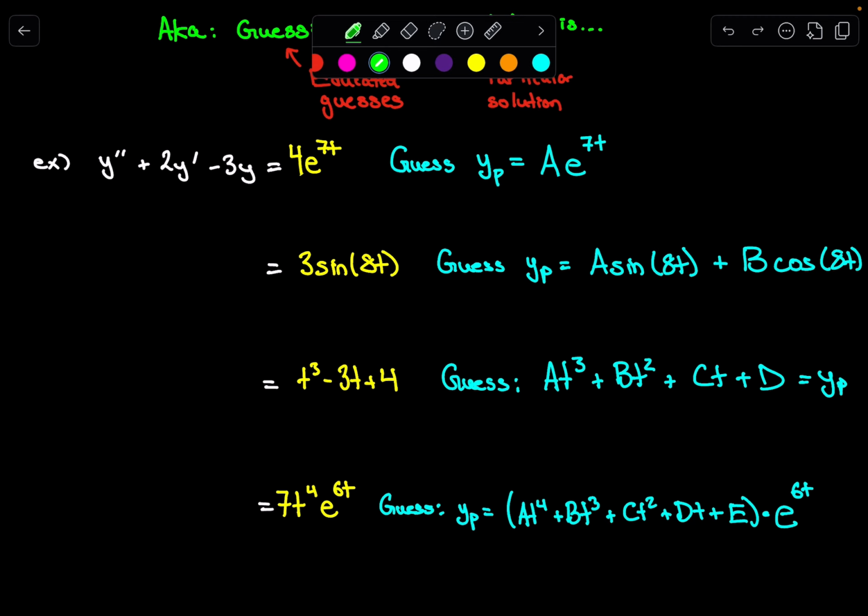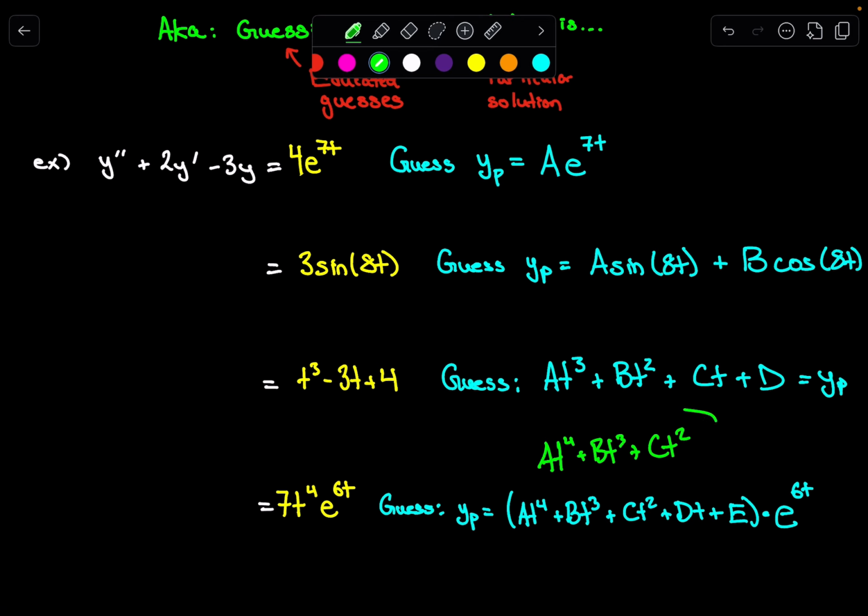And again, the reasoning is the same. Why do I need to include all of these other terms that are not a t to the 4th? Because if I only guess a t to the 4th times e to the 6t, when I take the derivative, a t cubed is going to pop out, and when I take the derivative of t cubed, a t squared is going to pop out. So it makes sense that our guess would have a t to the 4th, a bt cubed, and a ct squared, because those things would need to cancel out.